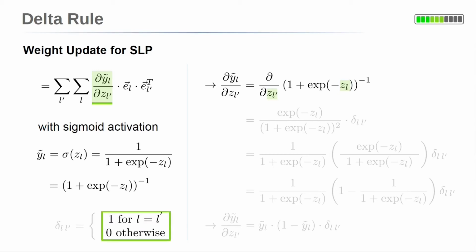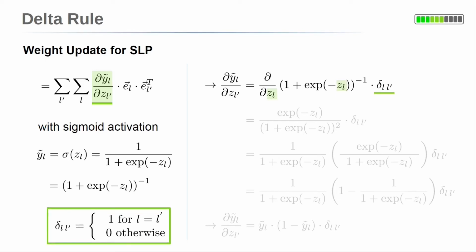Consequently, only l equals l prime gives a non-vanishing result. This can be expressed by the so-called Kronecker delta, delta l l prime, which gives a 1 for equal indices and a 0 otherwise. So we can replace l prime by l if we multiply our derivative with a Kronecker delta.